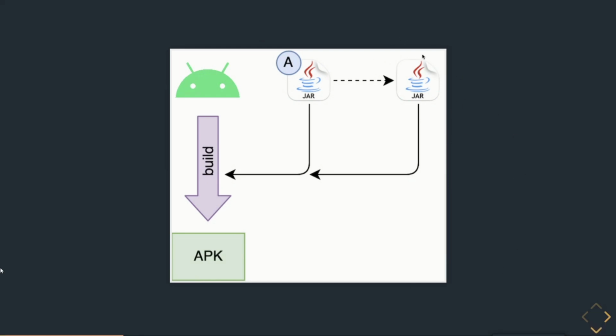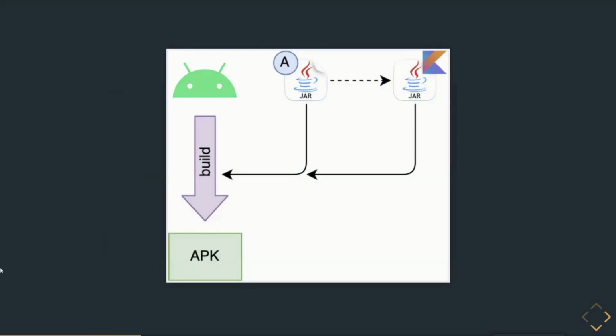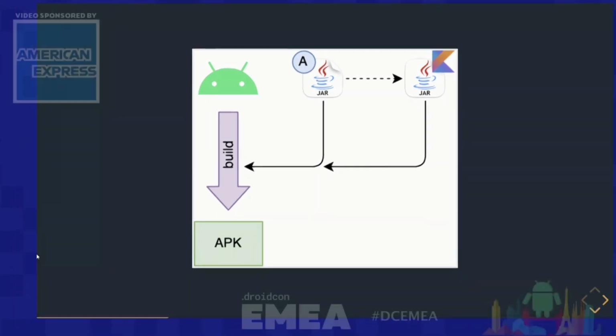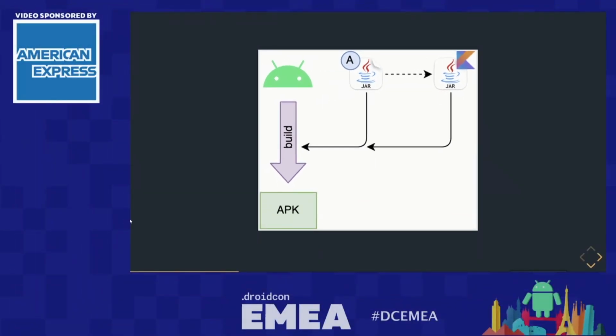And this dependency is transitive. And we would like to Kotlinize our dependency, our library. And as we know, these libraries will be linked in runtime and both will be compiled into the project that we are building.